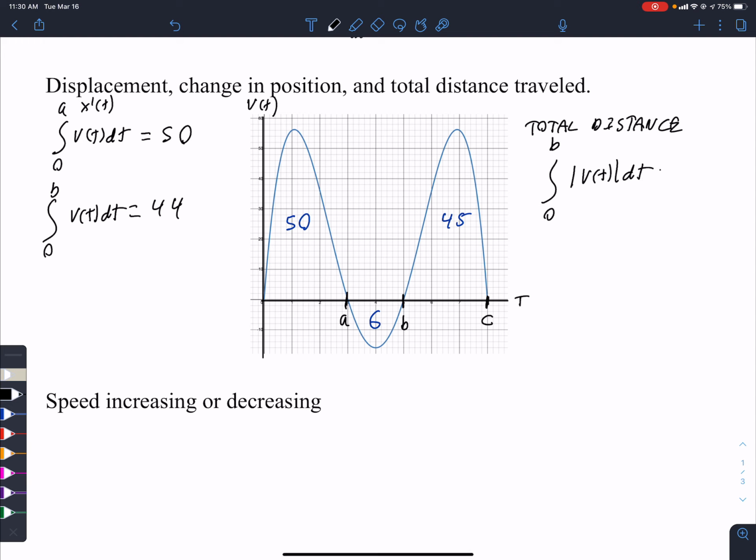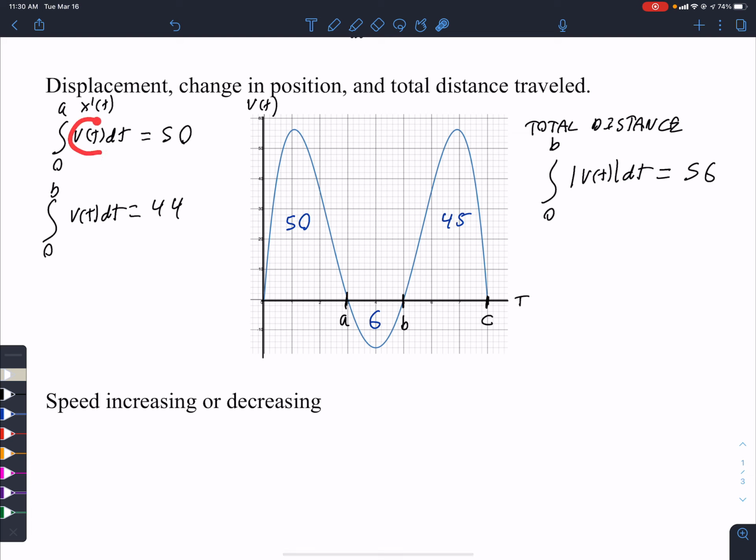So if you were to do that, here you would get 56 because the absolute value takes any negative values and makes it positive. And so the integral from 0 to b would be 50 plus 6, or total 56. So here's the difference. When you have an absolute value on your velocity, that's going to give you total distance traveled, not displacement.